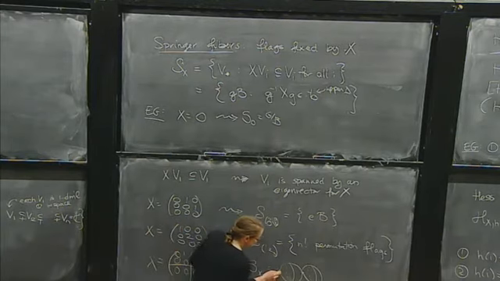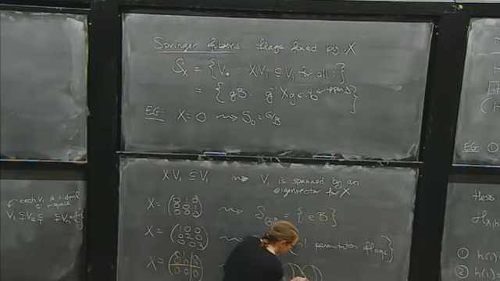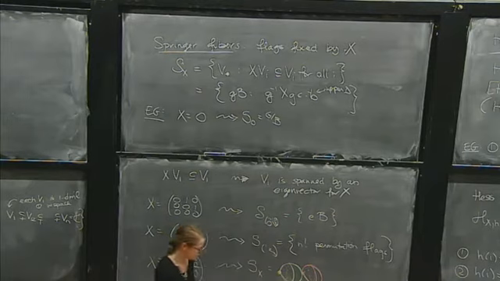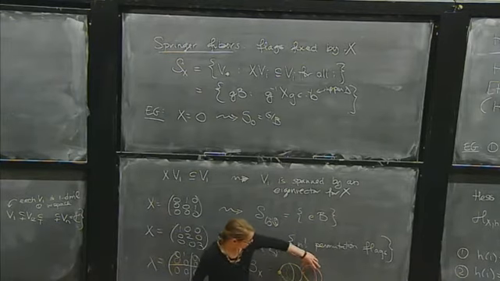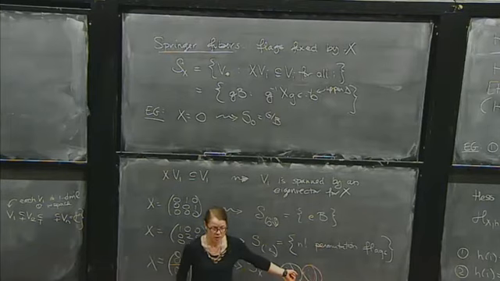So you can see the difference between a paving by affines and a CW structure right here. I don't have that one point on the pink cell. In a CW decomposition, I'd want the closure of each cell to be a union of smaller dimensional cells. That doesn't happen here. I'm picking up one point off of this green piece.